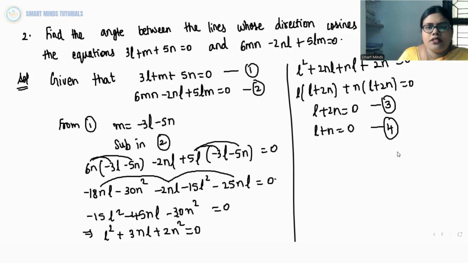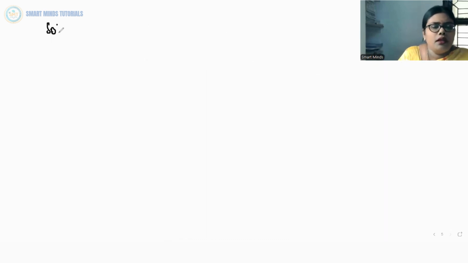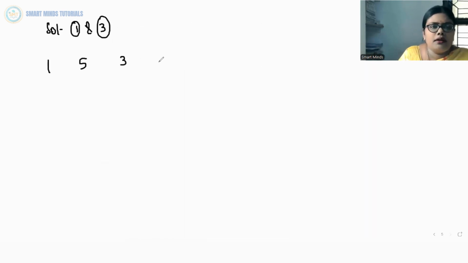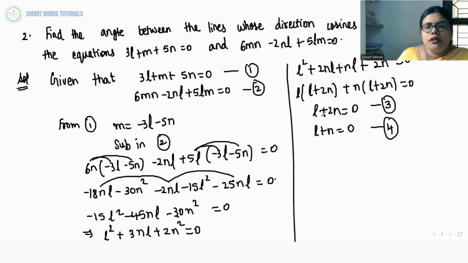Now the same way we will solve 1 and 3. If you solve 1 and 3, just look at the first equation. If I take the coefficients starting from M, we can write 1, 5, 3, 1. 1 is the coefficient of M, 5 is the coefficient of N, 3 is the coefficient of L, 1 is the coefficient of M. Now after this, we have the third equation, L plus 2N.